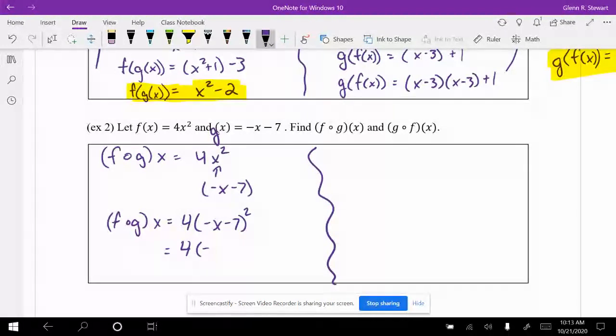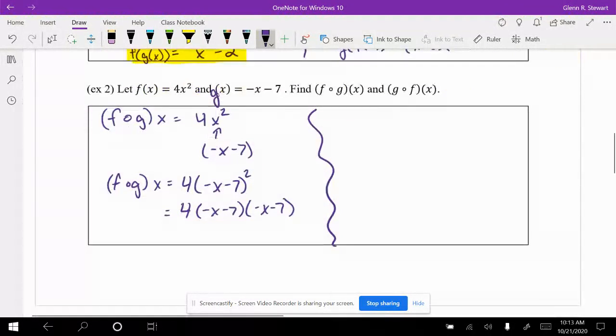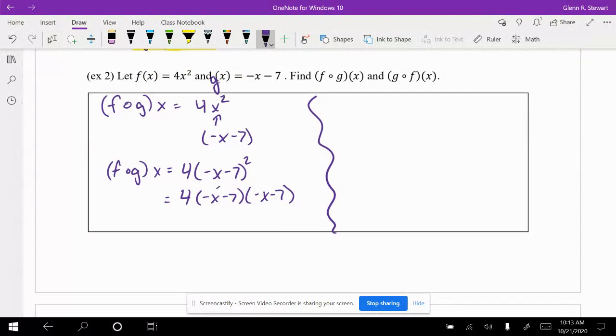So 4 times -x minus 7 times -x minus 7. And again, we want to do our FOIL method. So in this case, I'm going to leave the 4 out here first. It's going to become x squared, positive x squared, outer, which is positive 7x, inner, so positive 7x, and then last, positive 49.